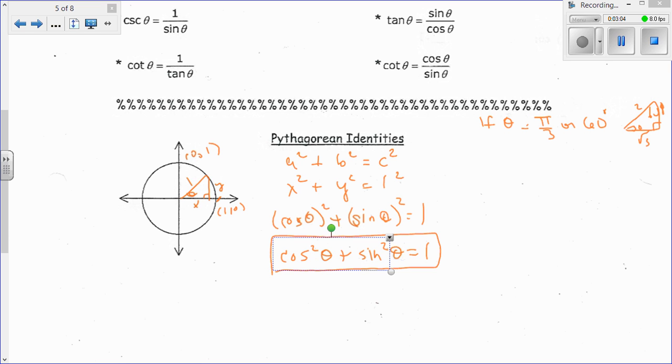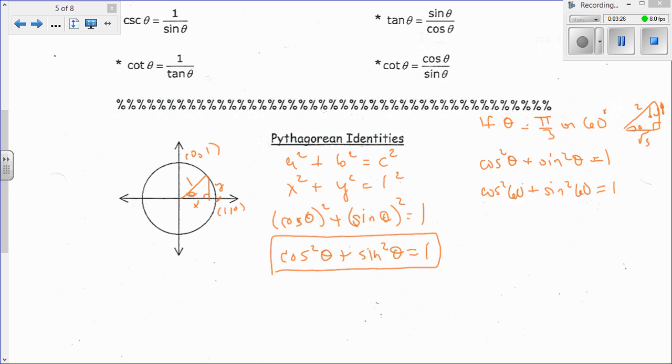If I use the formula, cosine squared theta plus sine squared theta equals 1, and I put in 60 for theta, cosine squared of 60 plus sine squared of 60 equals 1.